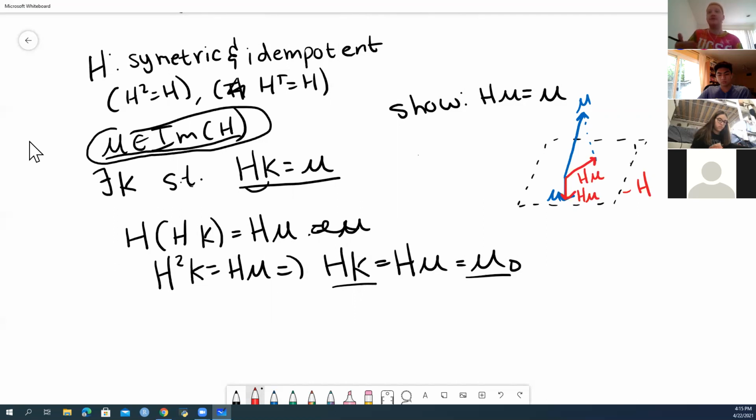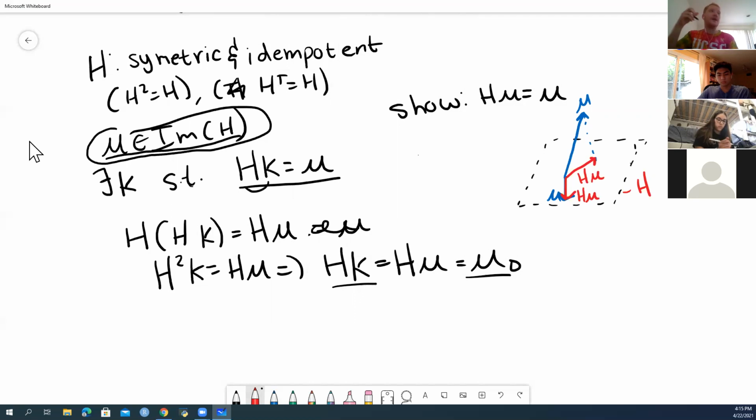The problem's saying, okay, prove it, right? Prove that if H is some symmetric and idempotent matrix, really we're only using idempotency from what I can tell, that if mu is in the image of H, then H mu is equal to mu. Now, this actually holds for any subspace.